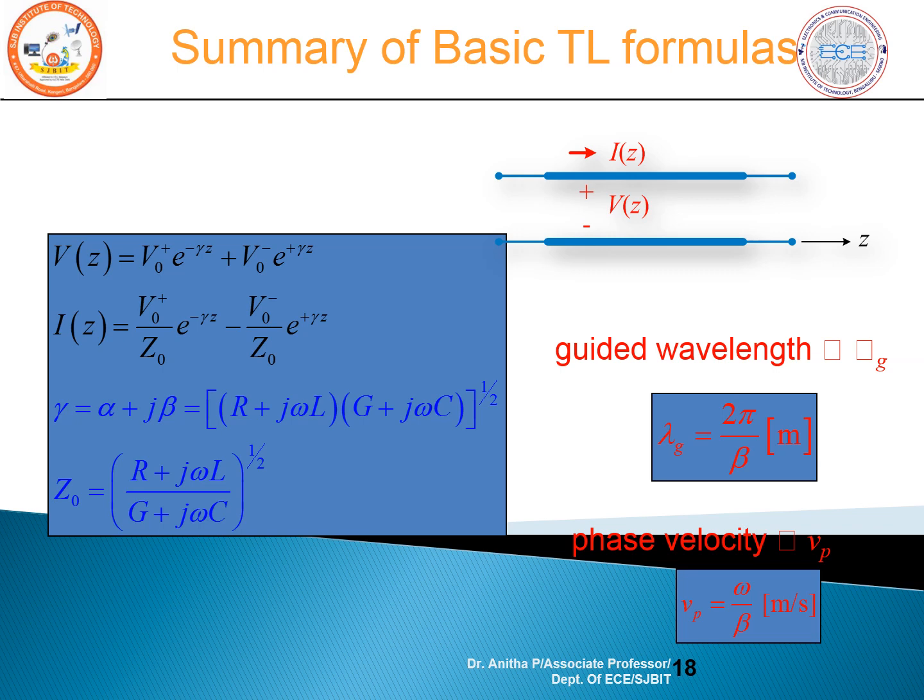You have a new parameter called gamma, which is alpha plus j beta, or you can also represent it as square root of z into y. We have derived Z naught, which is square root of z by y, and we have defined the guided wavelength: beta into lambda changes for every cycle, so lambda is 2 pi by beta, or beta is 2 pi by lambda. We have derived one more parameter called phase velocity, which is the ratio of omega to beta.